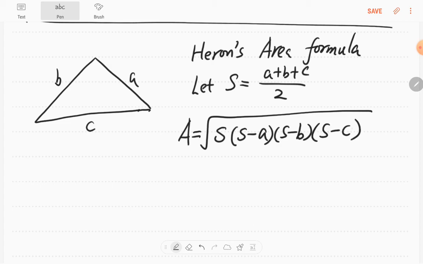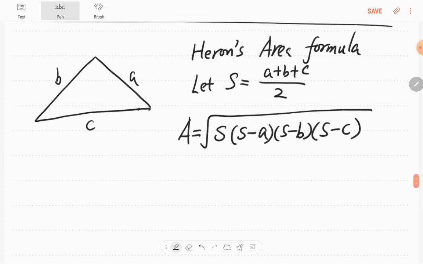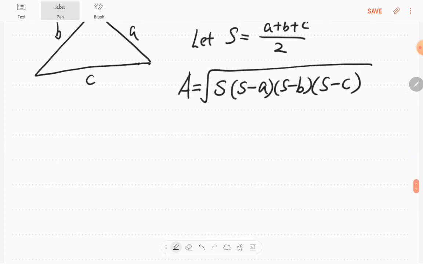This is called Heron's formula. This is the area; I should not use A.